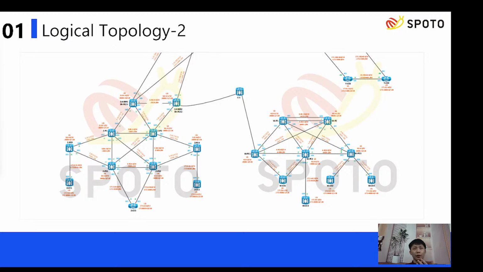During practice, there are too many IP addresses here, but you don't need to remember all of them. You just need to memorize the IP addresses used to establish BGP relationships.